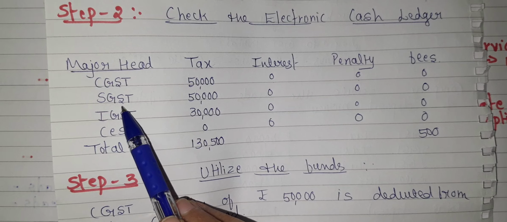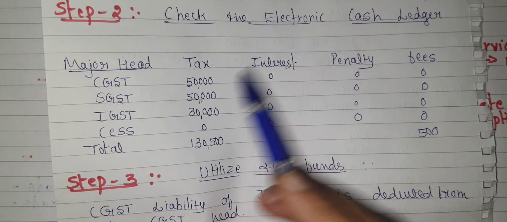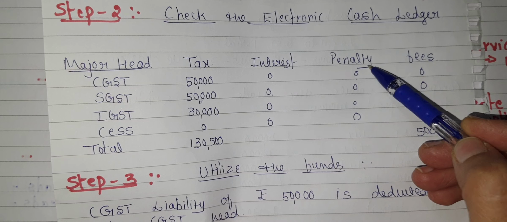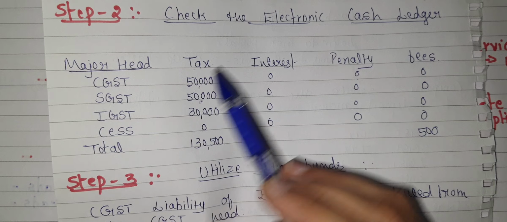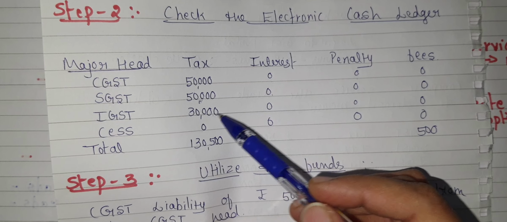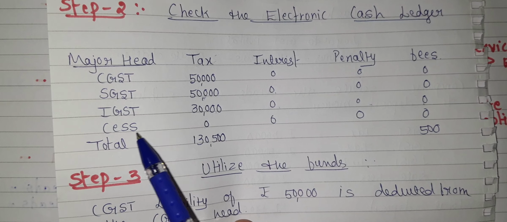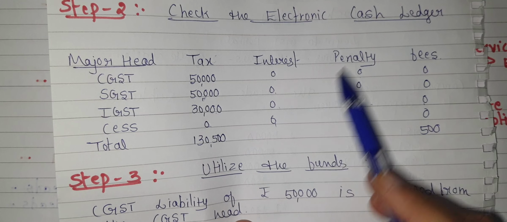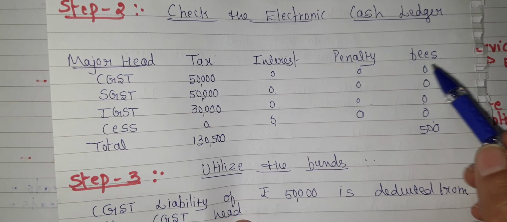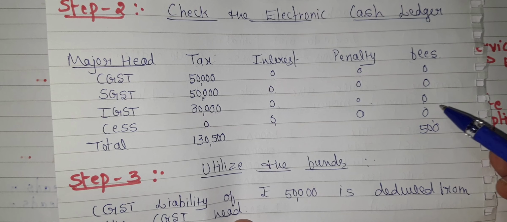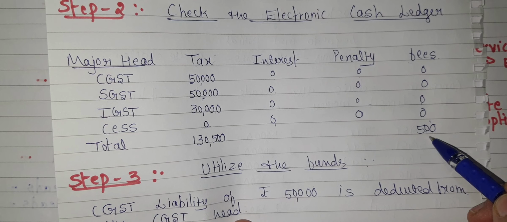And what about SGST? Tax is rupees 50,000, and interest, penalty and fees are all 0. And IGST, tax is rupees 30,000, interest, penalty and fees are also 0. And cess, tax is not there, interest, penalty and fees are all 0. But in the fees head, rupees 500 late fees will come.